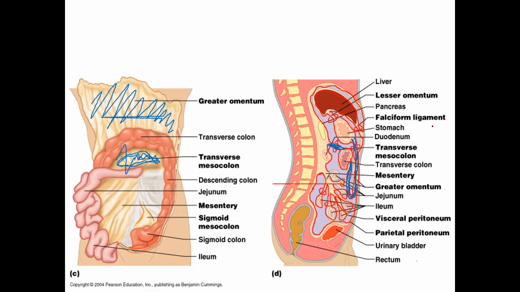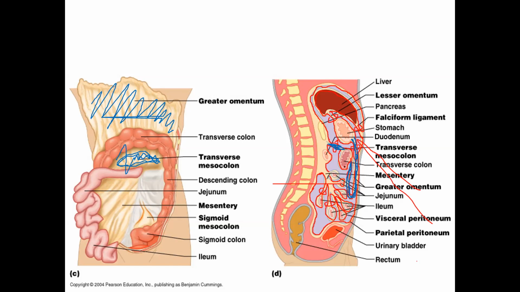The lesser omentum connects two organs, liver and stomach. The greater omentum connects the stomach and transverse colon.